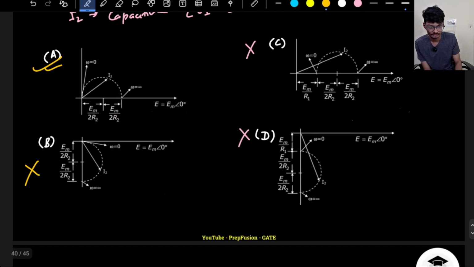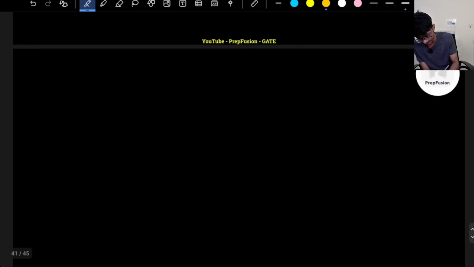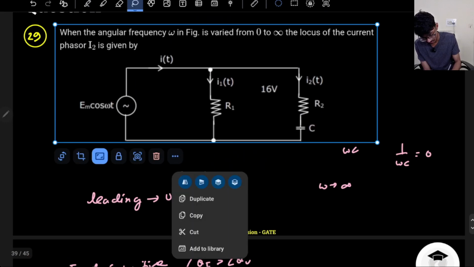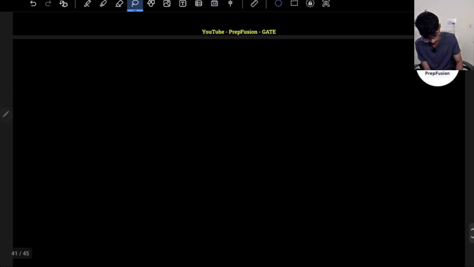Of course, if you want to solve using the lengthy method, you can solve obviously. I can take this circuit, copy it, and write down the expression for I2 in the frequency domain.